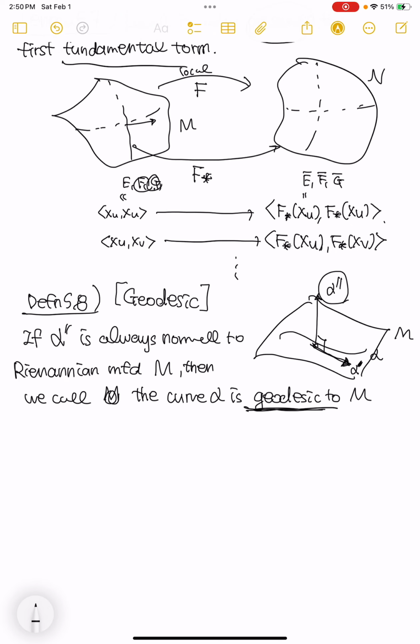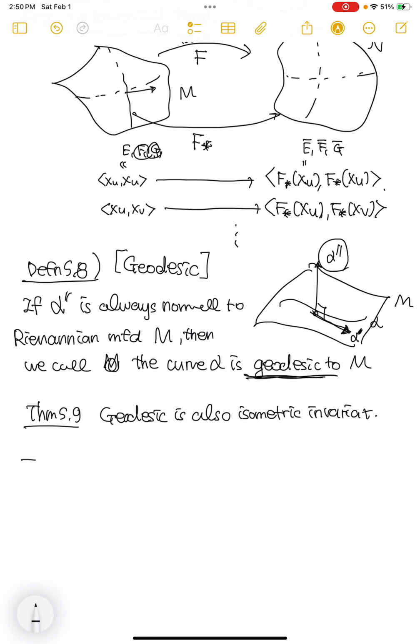That is a geodesic. That is similar to the intrinsic distance. So, like the intrinsic distance, geodesic is also isometric invariant. That means geodesics are preserved by isometry in a Riemannian manifold.